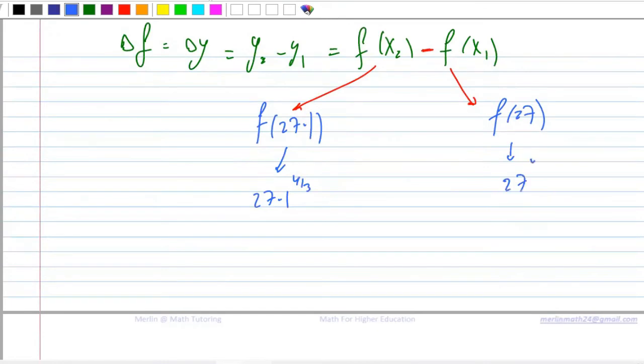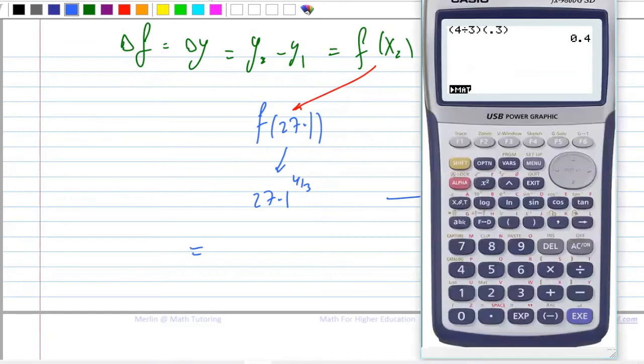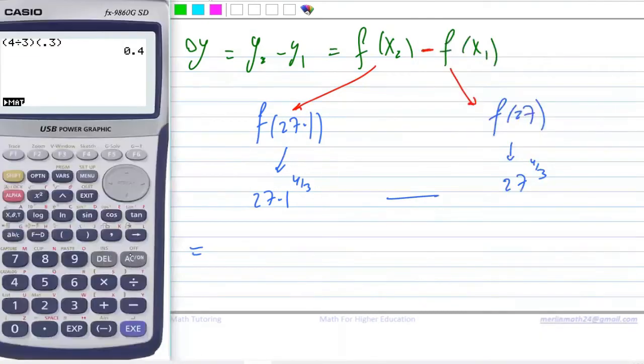This is 27 to the power 4 thirds. See the difference in between. Okay, so calculate. Now that would be in decimal for sure. So 27.1 to the power, open bracket, 4 over 3, close bracket, minus 27 to the power 4 over 3, okay?